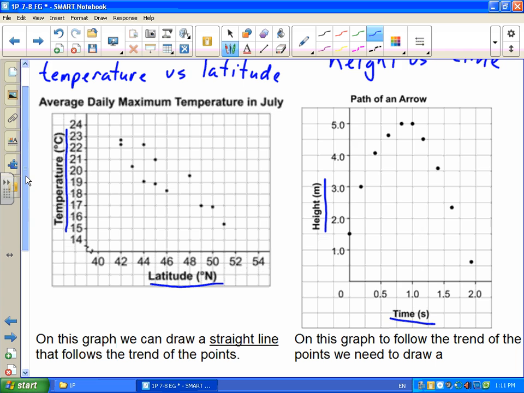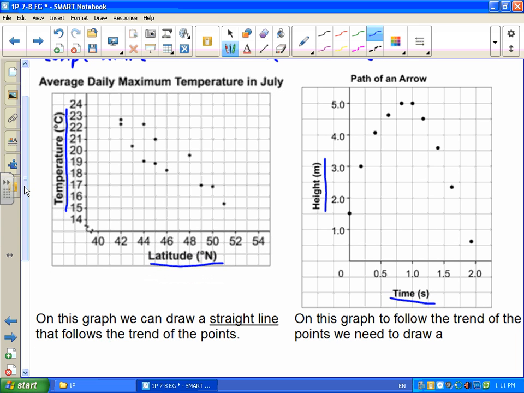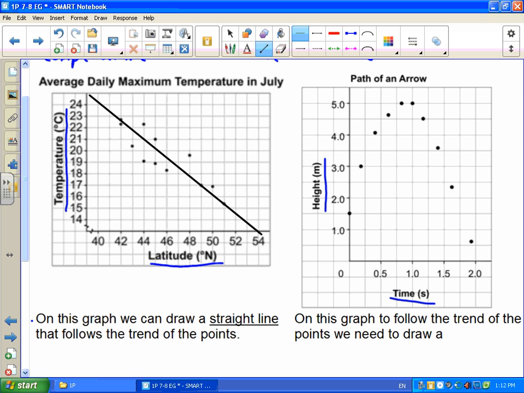If we look a little bit more closely at these two graphs, we'll go back to the temperature and latitude graph on the left here. And what it says down here at the bottom is that on this graph we can draw a straight line that follows the trend of the points. Now, if I take my straight line tool here and I get myself a straight line, I can draw a line kind of like this. Now notice that it doesn't go through every single one of the points.